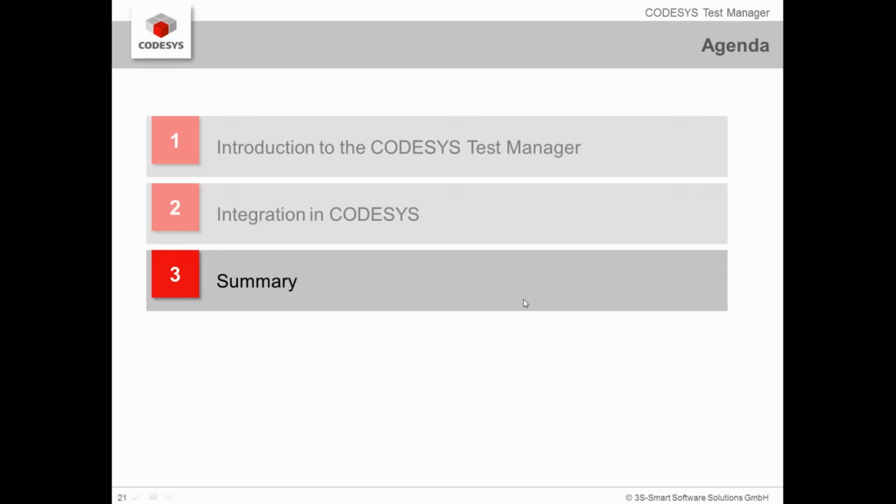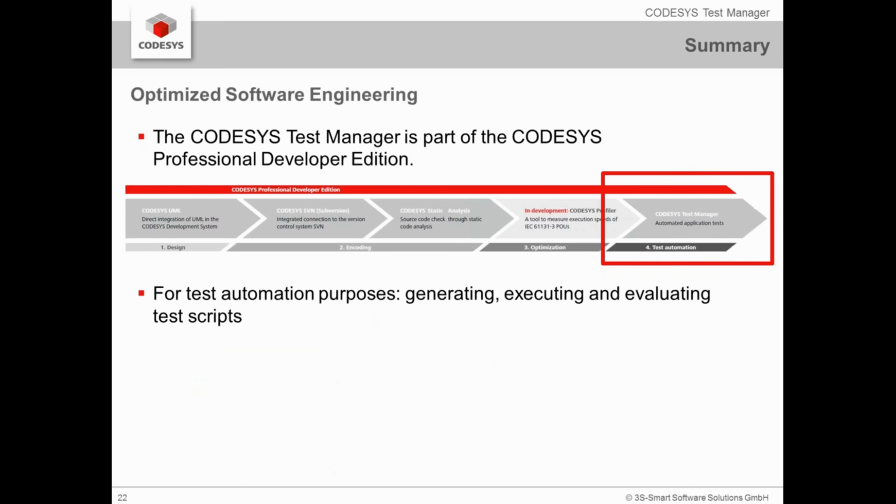Okay, then let's summarize the presentation right now. The CODESYS Test Manager is a part of the CODESYS Professional Developer Edition, which is made for professional software developers who want to be able to work similar to high-level programming tools like C# or C++, for example, Microsoft Visual Studio.